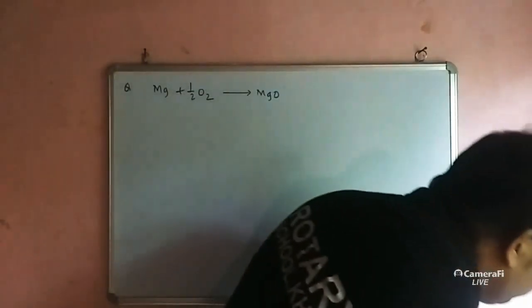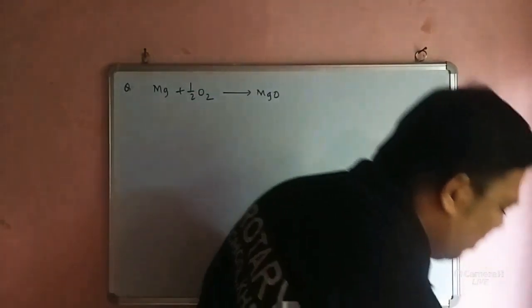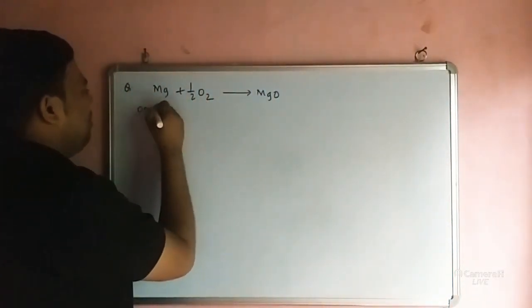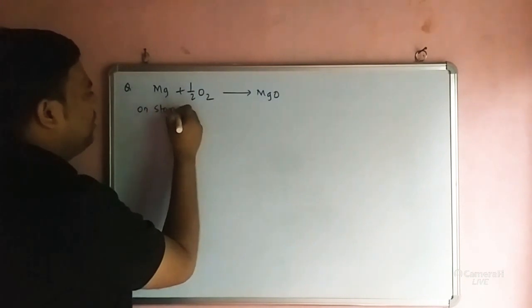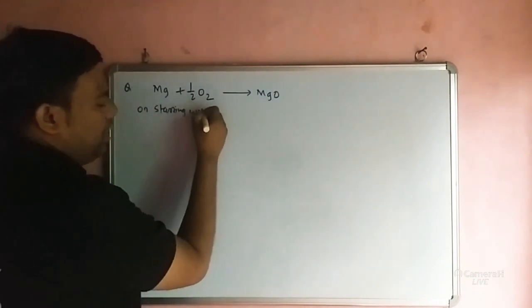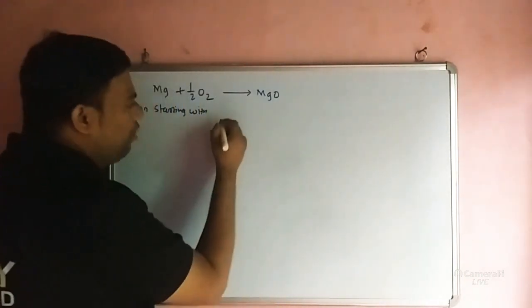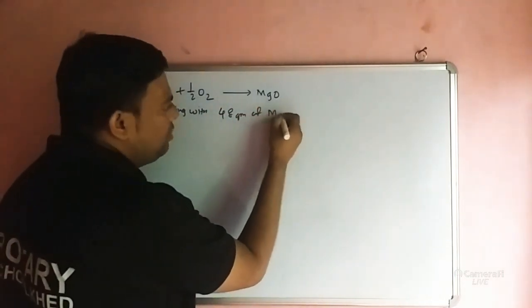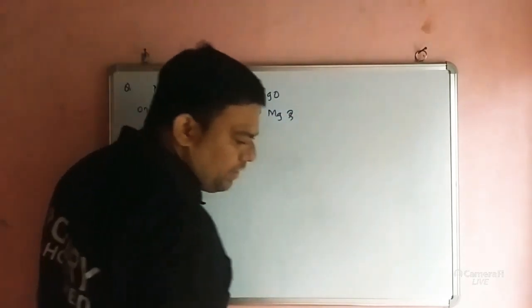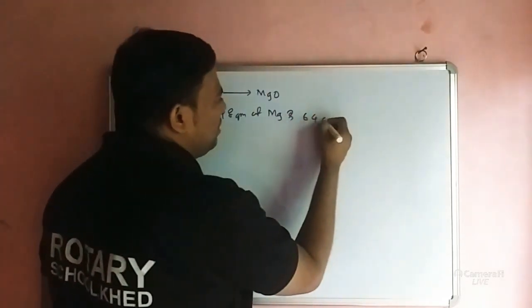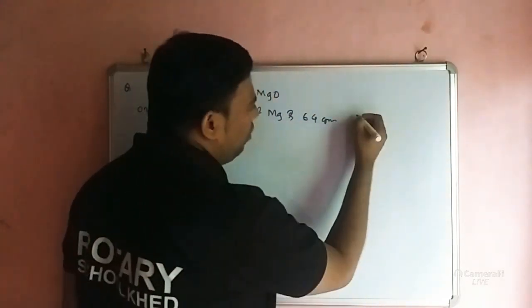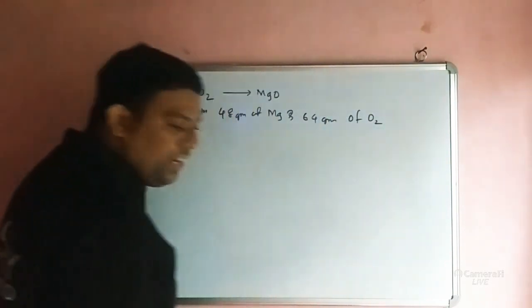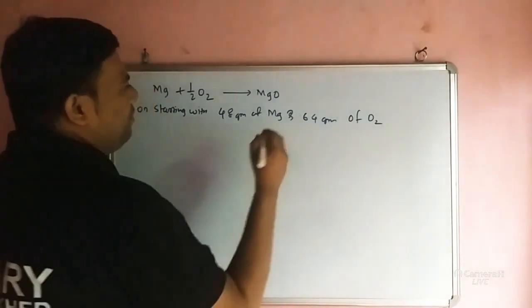On starting with 48 gram of Mg and 64 gram of O2, calculate the mass of MgO formed.